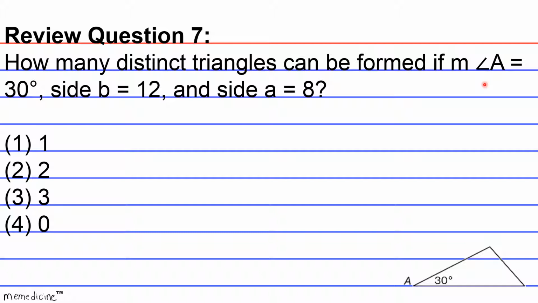And then we're also told that we have a side b, which is 12 units. So side b would be the side opposite of angle B. And then we're also told that 8 is the measure of side a, which opposes angle A. And then we have c left to figure out, basically both the angle and the side.